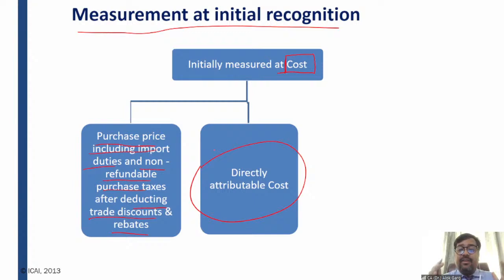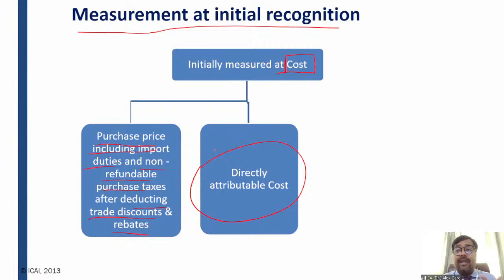It means directly attributable cost is the cost which is directly incurred for this particular asset. If this asset would not be there, this cost would not have been incurred. If I would not have purchased the asset from China, I would not have incurred import duty, this GST, this transportation cost from Shanghai port to Kandla port to Delhi factory, this installation cost, assembly cost, site preparation cost, engineer cost.